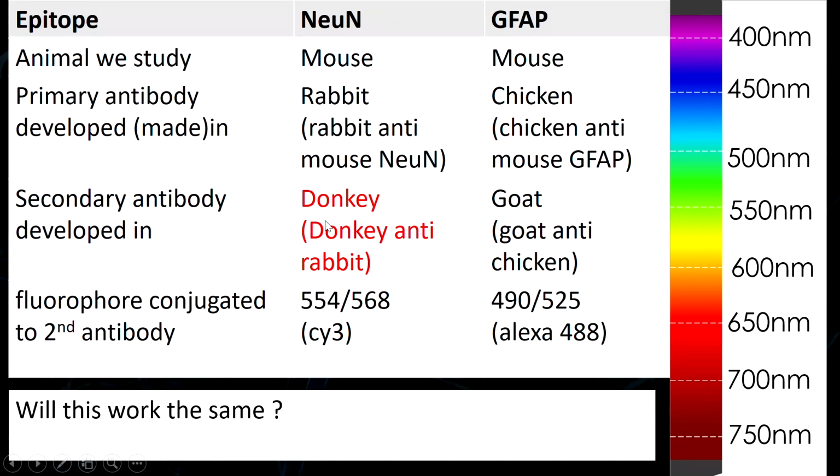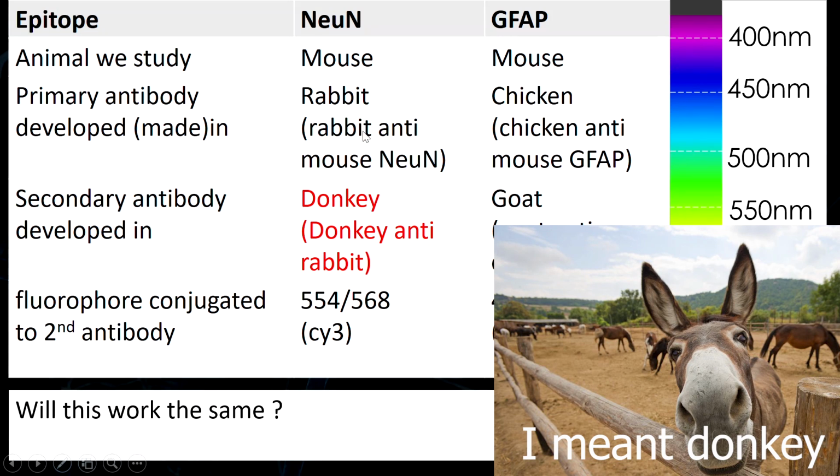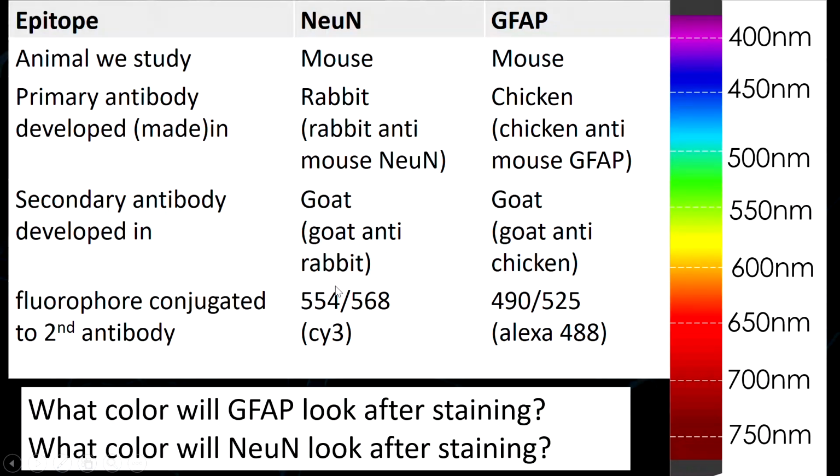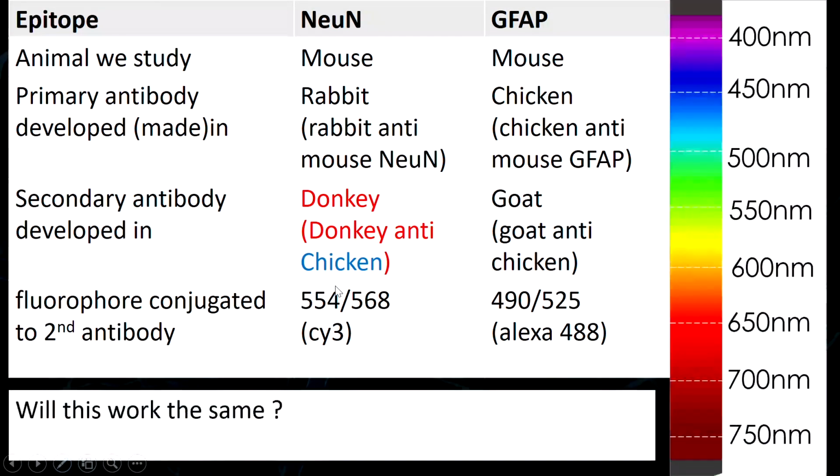Because even though this antibody was developed in goat, it's still going to bind this primary antibody, and because this secondary antibody was conjugated with Cy3, you are going to still use the same excitation light and see the same emission light. So you are going to have the same result if you use this antibody instead of goat anti-rabbit secondary antibody.